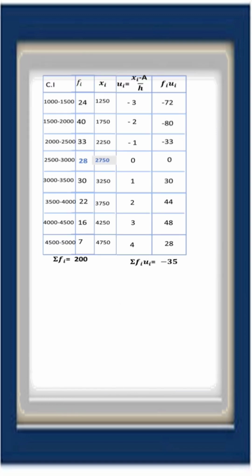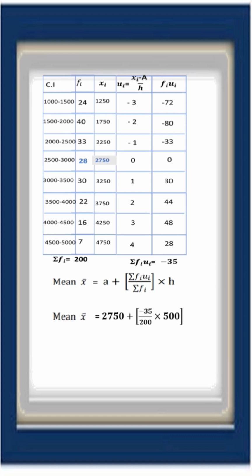Now we have summation of fi is equal to 200, summation of fi ui is equal to negative of 35, assumed mean is 2750, h is equal to 500. We have the formula to find mean, that is a plus (summation of fi ui upon summation of fi) into h. Now let us substitute the values.